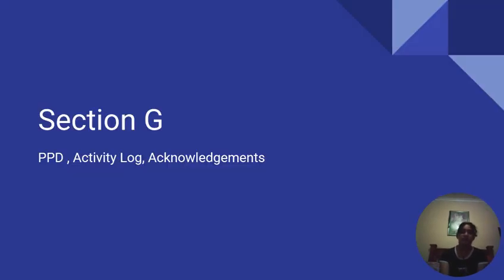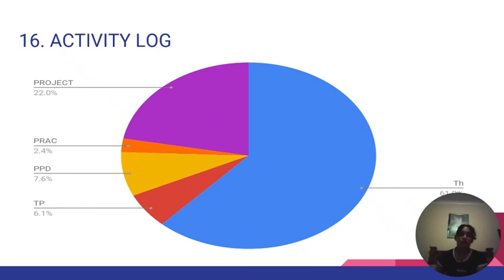Section G. This is my activity log. As you can see, a lot of my time was spent on theory, because theory was a little bit difficult to understand in the beginning.